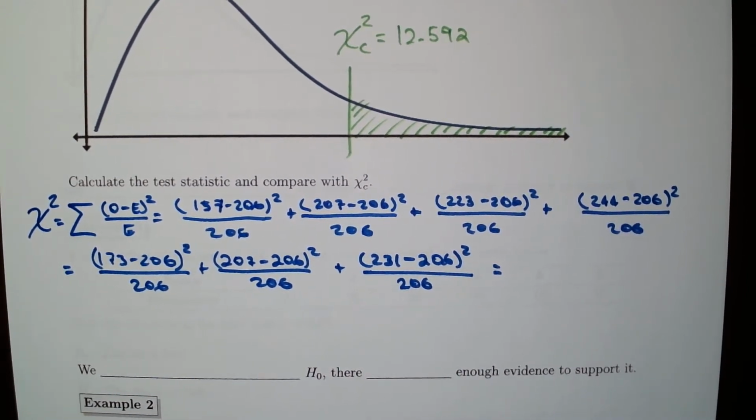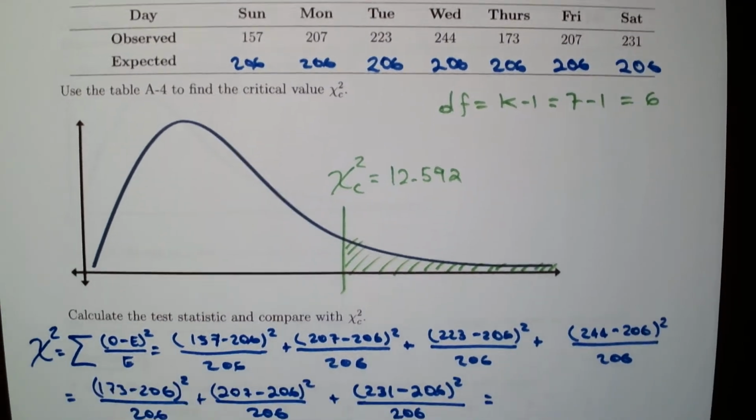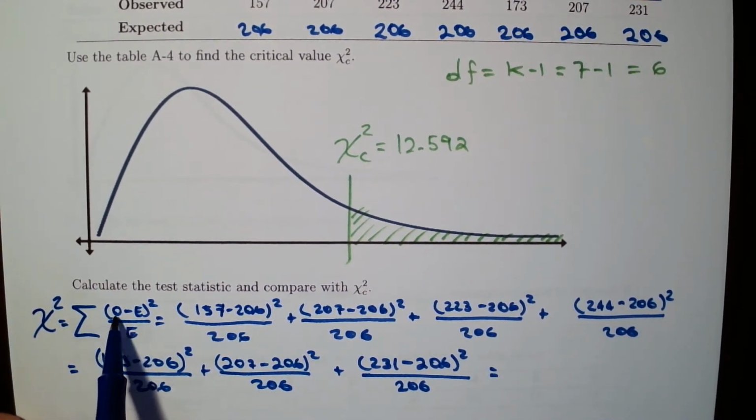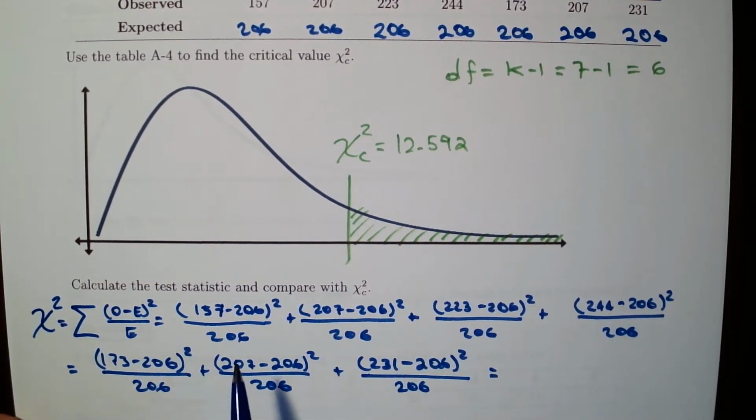All right, now that you did that, the chi-square statistic is going to be the sum of observed minus expected squared over expected. So notice I have 1, 2, 3, 4, 5, 6, 7 calculations here.